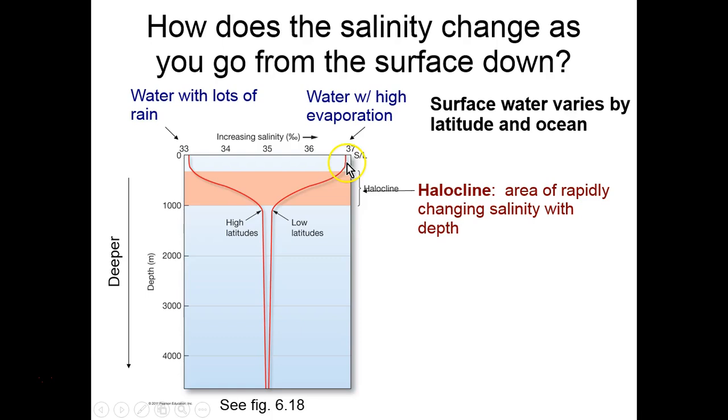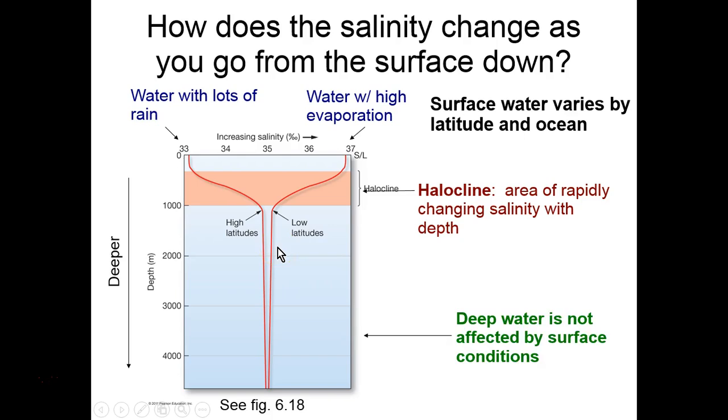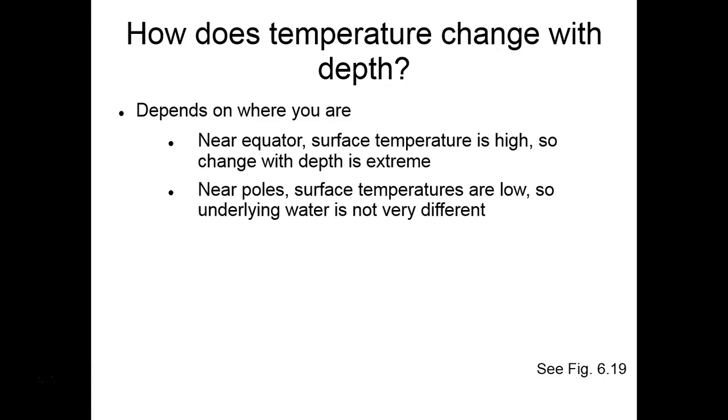You see a drastic change in the salinity in this line, and also in this line, right? This line is showing a drastic increase. This line is showing a drastic decrease, okay? So the halocline is an area of rapidly changing salinity with depth, and below the halocline, it tends to even out because the deeper water is not affected by surface conditions.